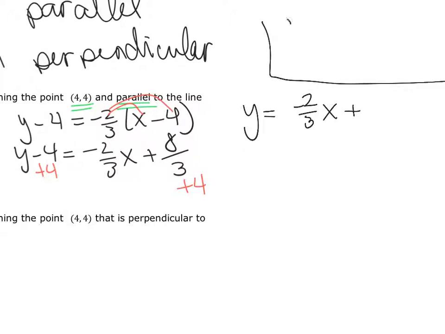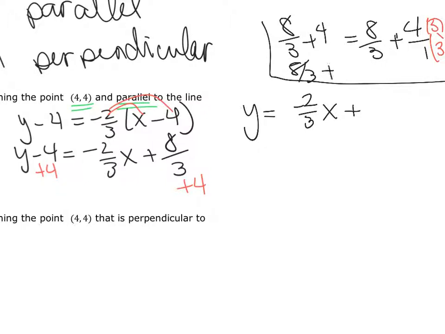I'm going to do some adding of fractions. I have 8/3 plus 4, which is the same thing as 8/3 plus 4/1. For a common denominator, I need to multiply the numerator and denominator of 4/1 both by 3. And so my fraction ends up being 8/3 plus 12/3, which gives me 20/3.